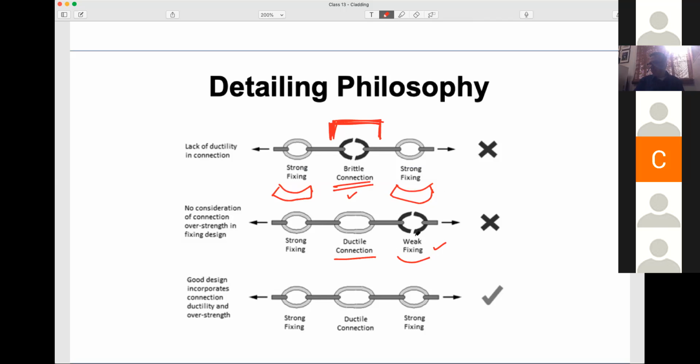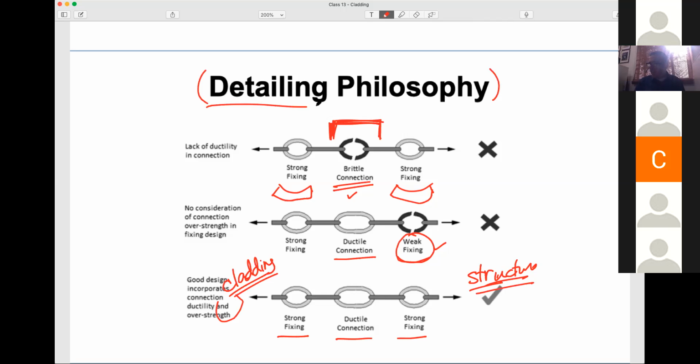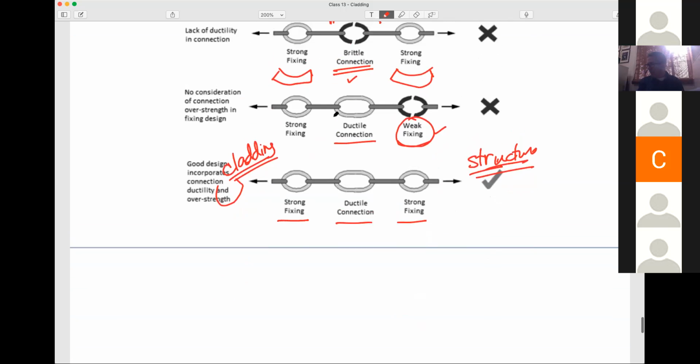You want a ductile connection, but then you need strong enough fixings or connection points. So strong connected to ductile, connected to strong. This would be where the structure is, and then out here would be the cladding. That is what we're trying to achieve from a detailing philosophy point of view, to make sure that this thing acts correctly.